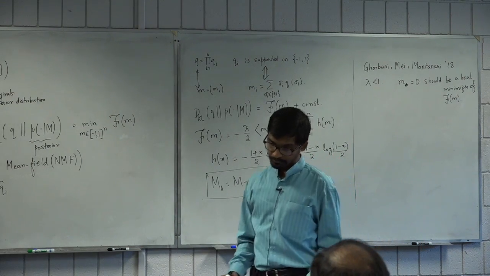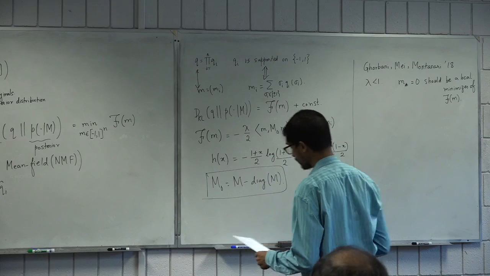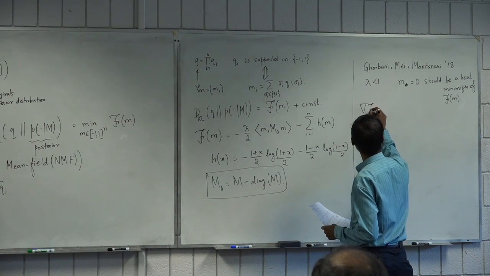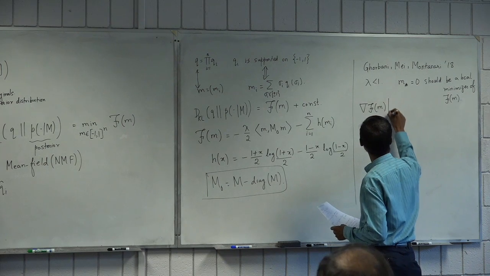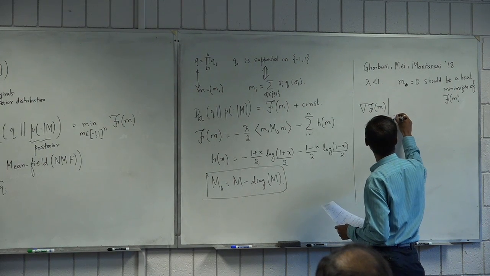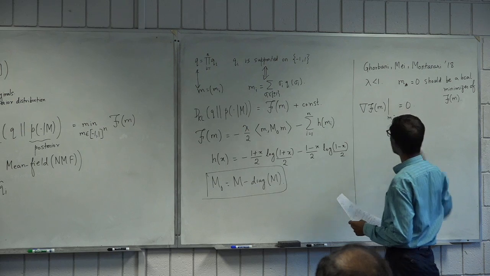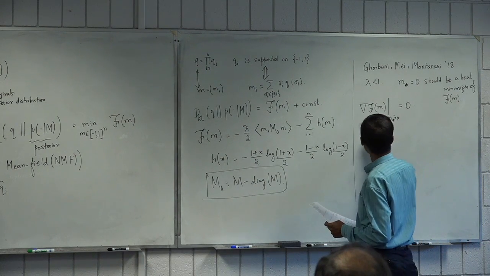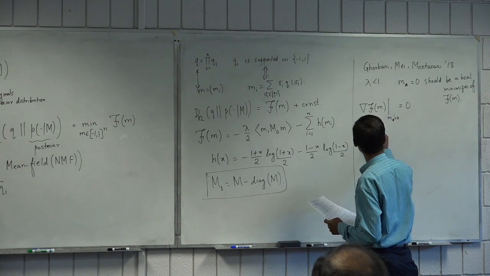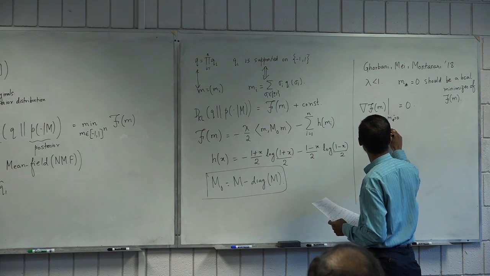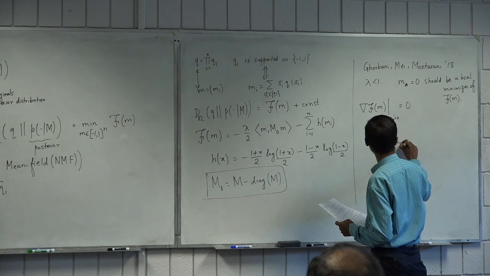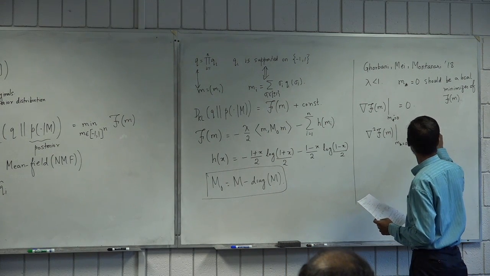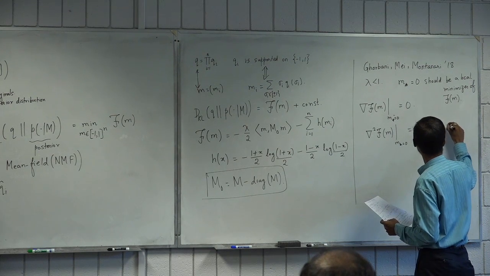That's a baseline requirement. But it turns out, okay, one thing is true: if you look at the gradient of f at m star, it is always 0. So at least it's a stationary point. That's fine. But if you look at the Hessian of f, this is negative lambda M_0 plus identity.